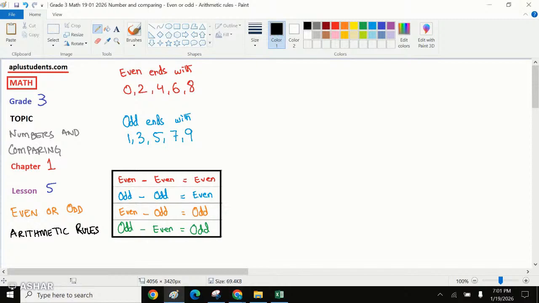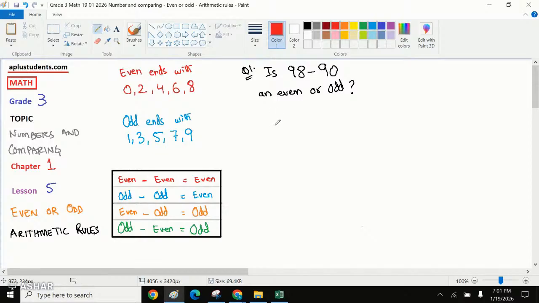The question number 1, I'll just copy down the question, is 98 minus 90 an even or odd? What would be the result?